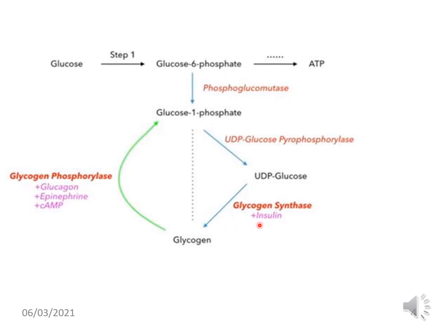So insulin hormone activates glycogen synthase. في نفس الوقت يسوي inhibitor to glycogen phosphorylase.